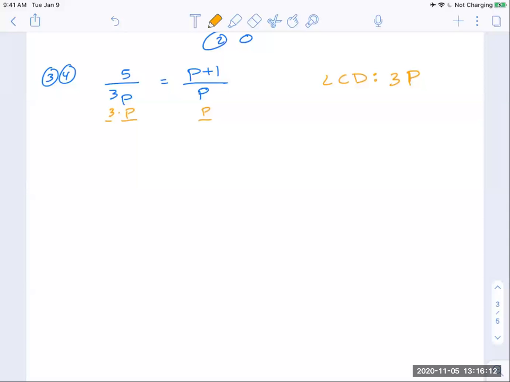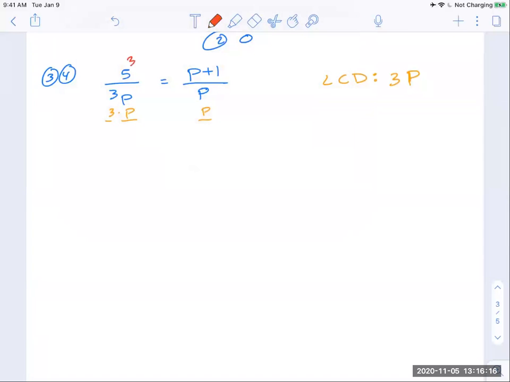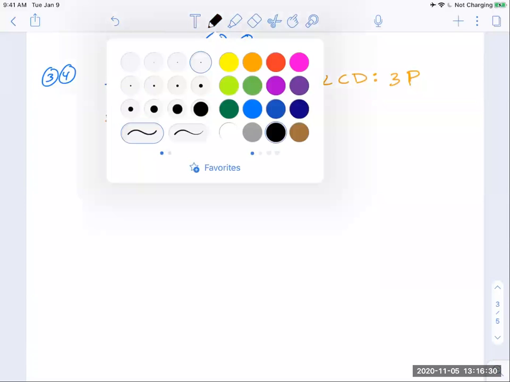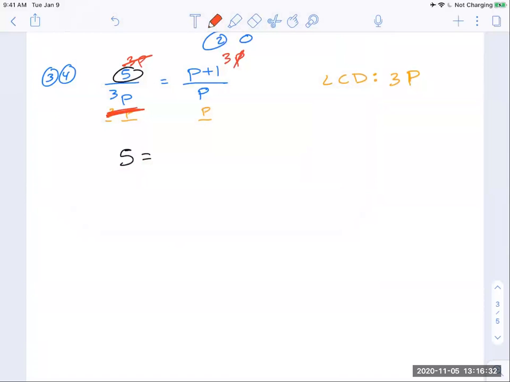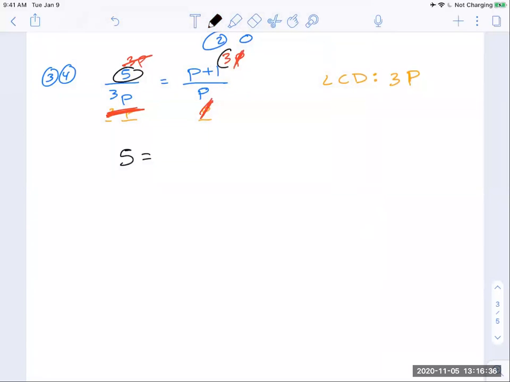So, multiply is my next step. This cancels with this. I'm only left with 5. This cancels with this. I am left with 3 and p plus 1.